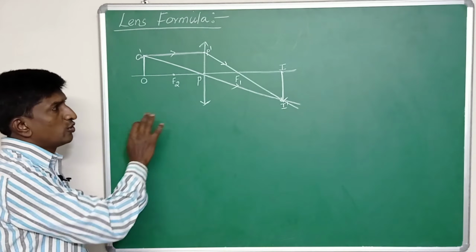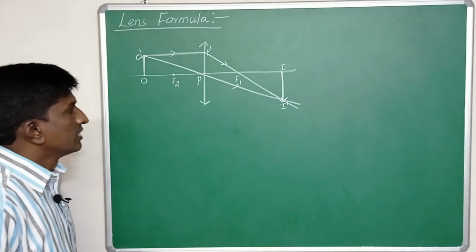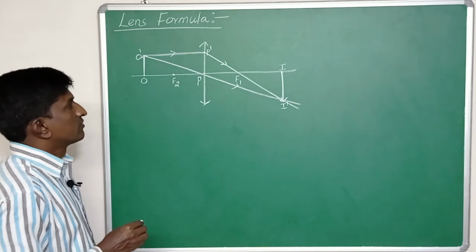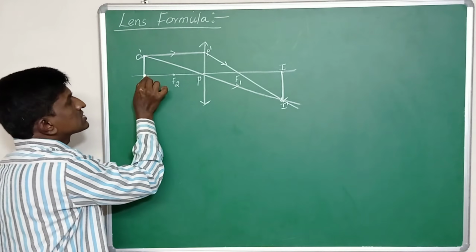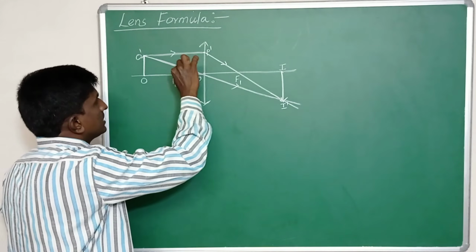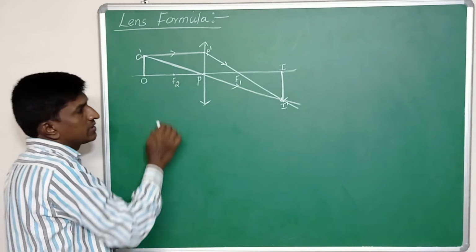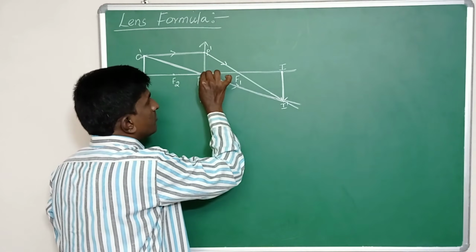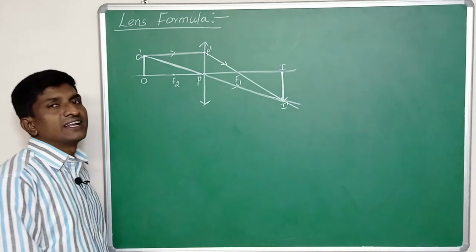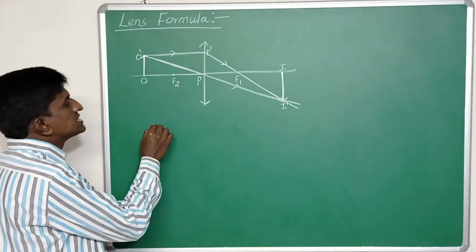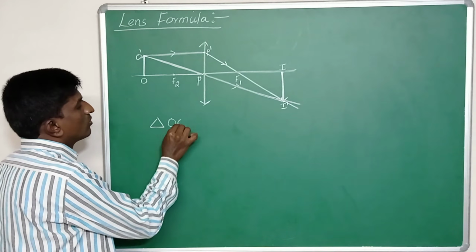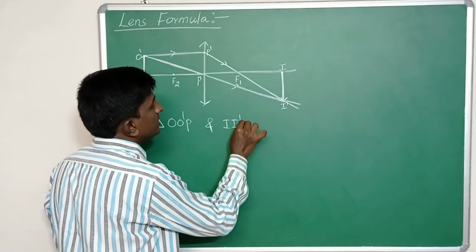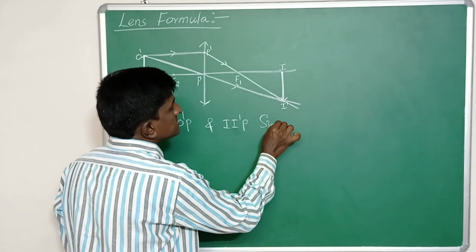If you observe this figure carefully, we can find two similar triangles: O dash OP and I dash IP are similar triangles.